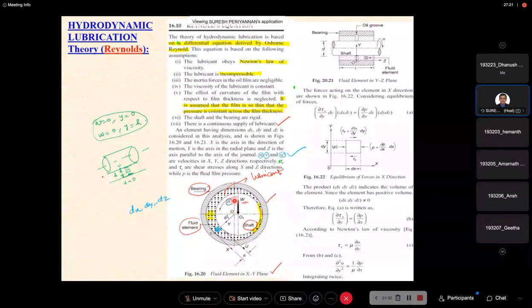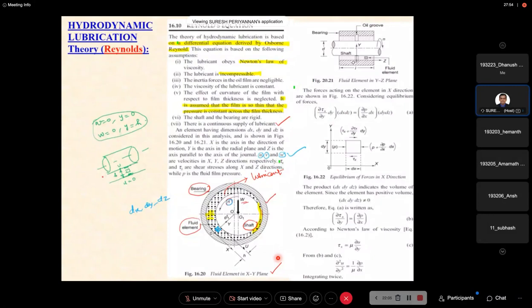The clearance is the distance between the journal and bearing, how much fluid is occupied, and that dimension is called h. Now, one by one we are going to discuss the fluid element velocity with respect to the x direction, the z direction, and the y direction.